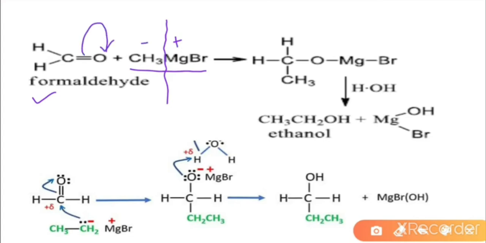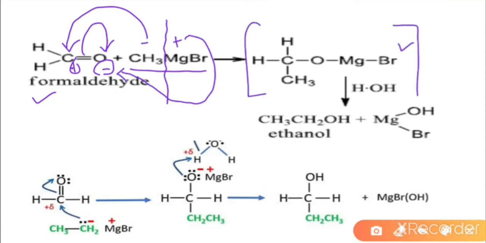Transfer of electron towards oxygen makes oxygen negative and carbon positive. The negatively charged carbon, that is the anion, attacks on carbon, Mg plus ion attacks on oxygen, and organometallic complex is obtained, which on acid hydrolysis produces primary alcohol with byproduct magnesium hydroxybromide.